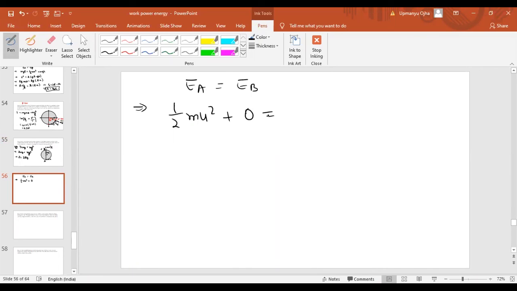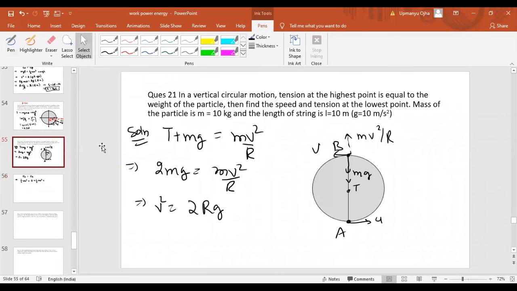At B, kinetic energy is half mv square plus potential energy, which is mgr plus mgr, that is 2mgr.